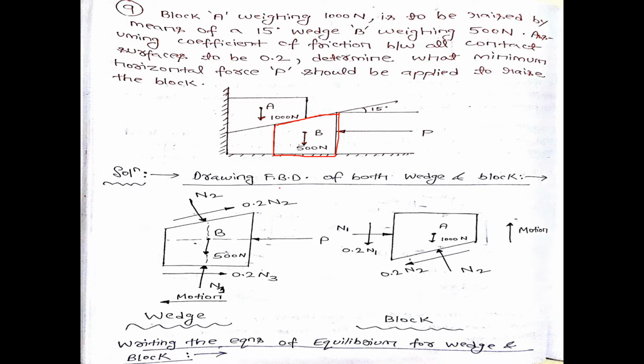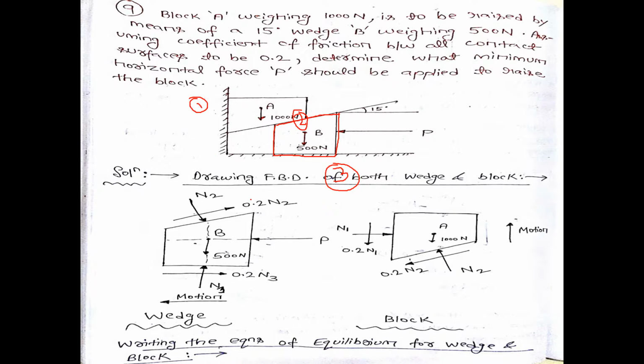Now assume that the wedge is in contact with this horizontal surface. Let us assume that this surface is surface number 3, the contacting surface of the block and the wedge is surface number 2, and the contacting surface of this block and this vertical wall is surface number 1.